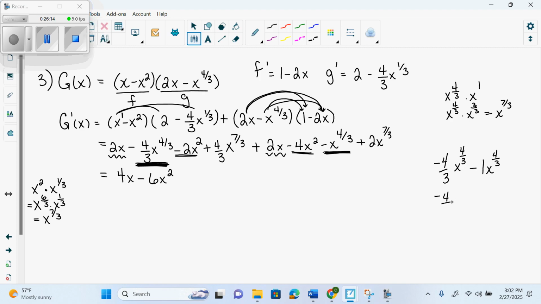See if the common denominators. Negative 4/3 x to the 4/3 minus 3/3 x to the 4/3 equals negative 7/3 x to the 4/3.